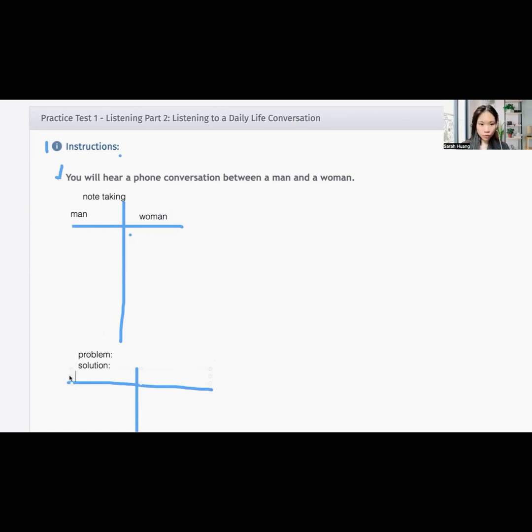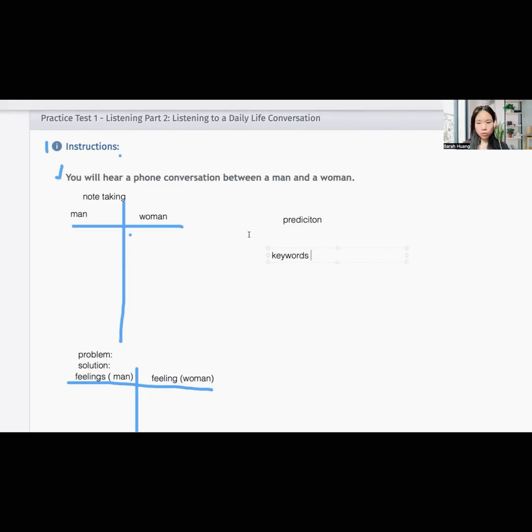So that's for inference. Feelings, woman. Keywords.